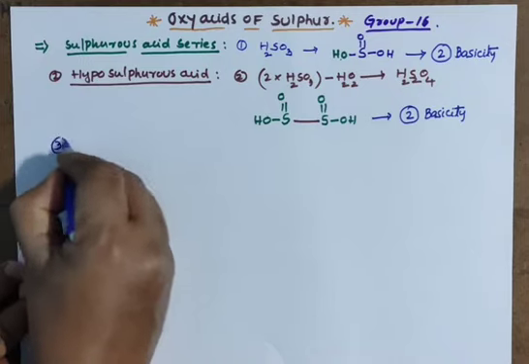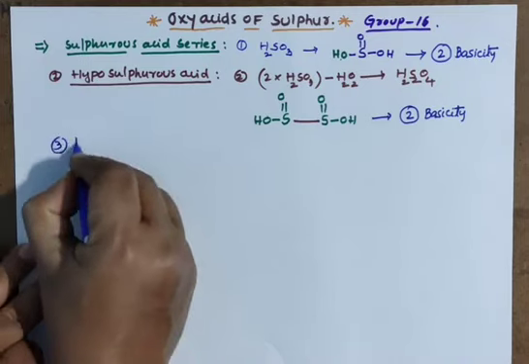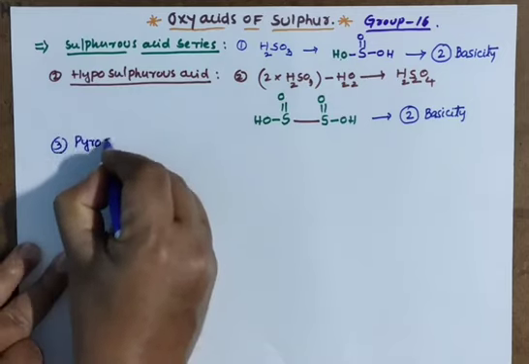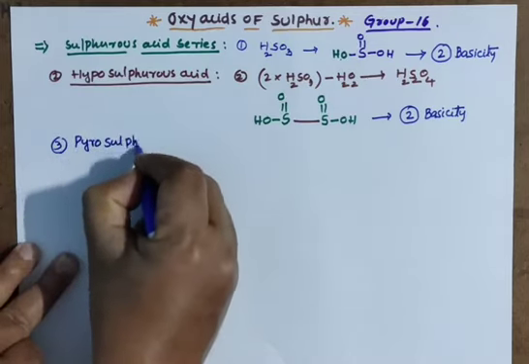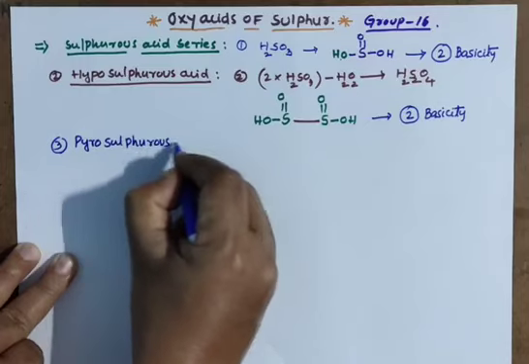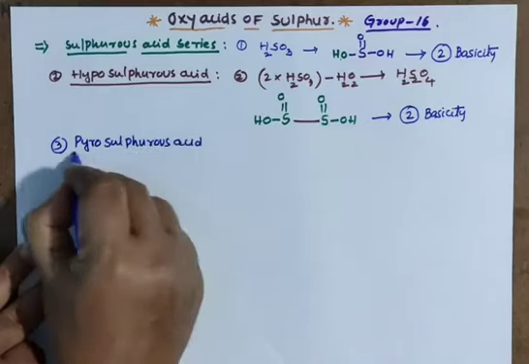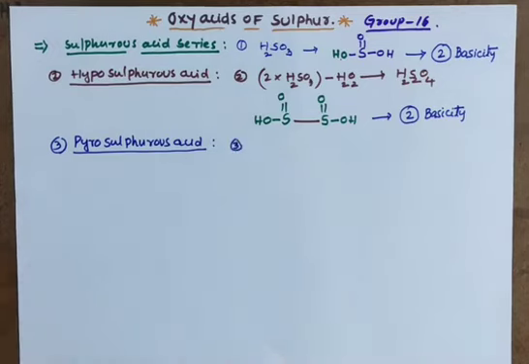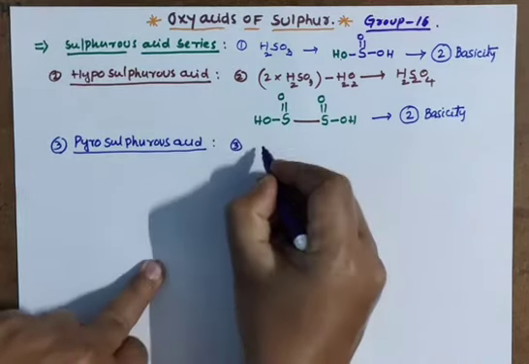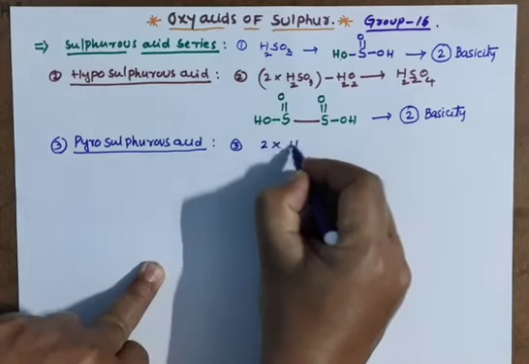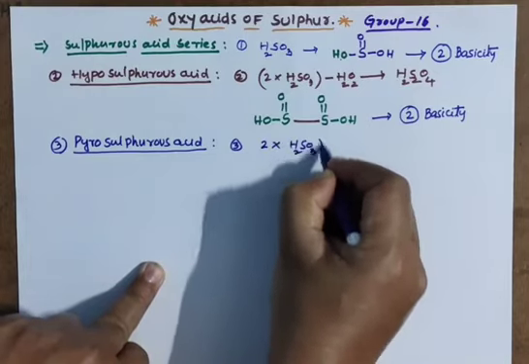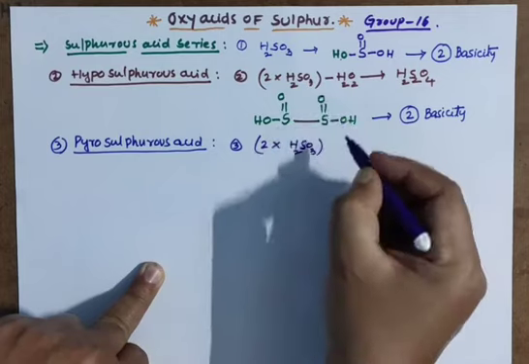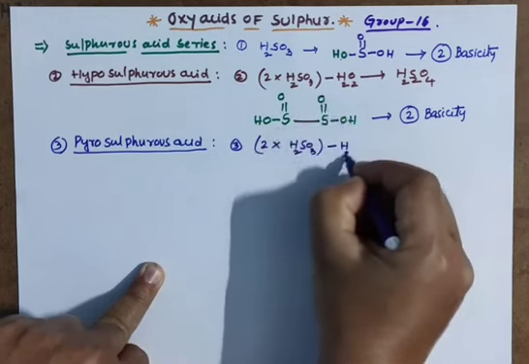Now go for another in the sulfurous acid series, pyrosulfurous acid. How to remember pyrosulfurous acid? One trick I am giving here, as previously: 2 into sulfurous acid minus water.